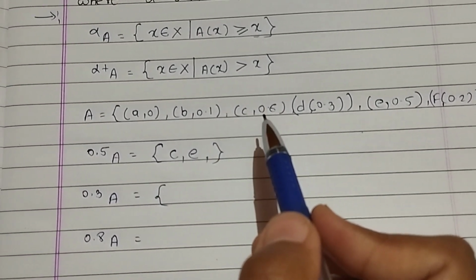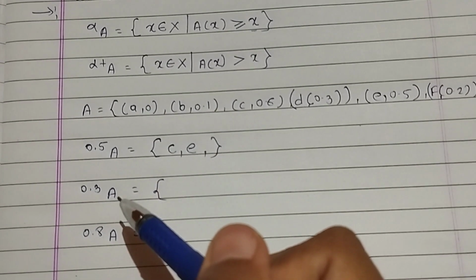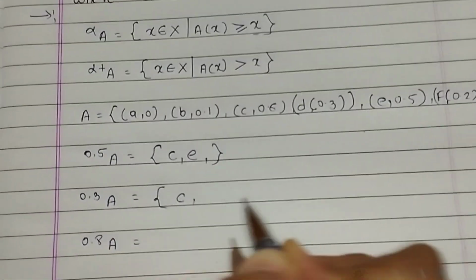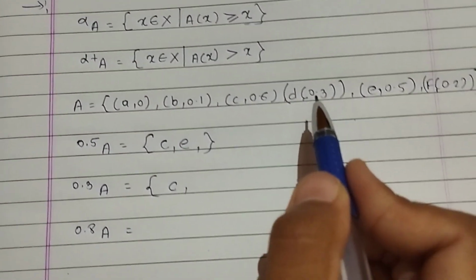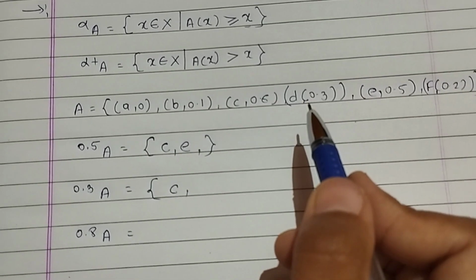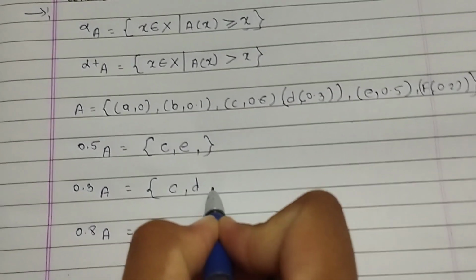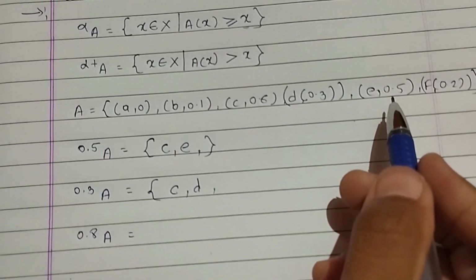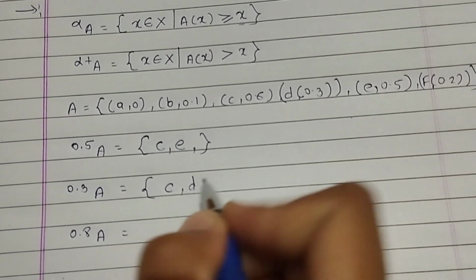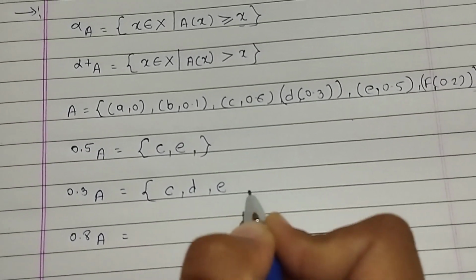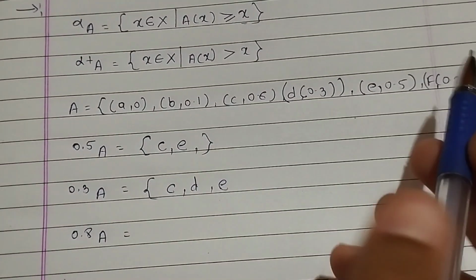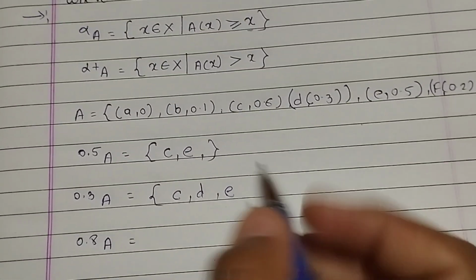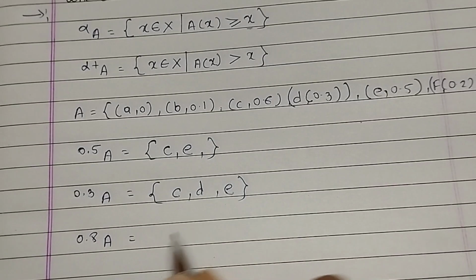No. We move forward. Is 0.6 greater than or equal to 0.3? Yes. So we write the value of x, C. Now again, is 0.3 greater than or equal to 0.3? Yes. Write D. Again, is 0.5 greater than or equal to 0.3? Yes. Write the value of x. Again, is 0.2 greater than or equal to 0.3? No. Our set is over here.